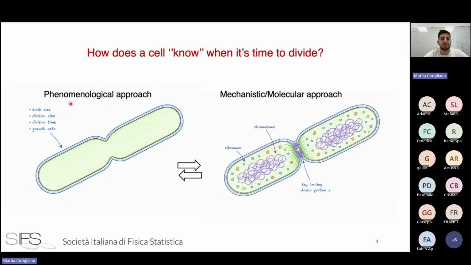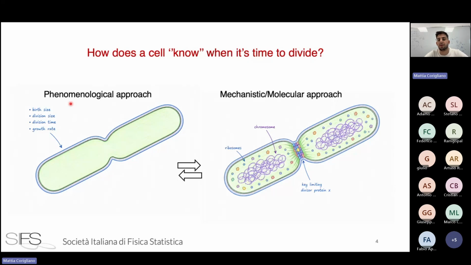So basically, you can consider a cell as a container of a given size, growing for a given division time at a given growth rate. And so in this, let's say, phenomenological approach, you would study correlation between quantities such as birth size, division time, growth rate. Or you can, of course, view the cell as a more detailed object made up of proteins that might be essential for the division process itself, but also made up of chromosome, ribosome.